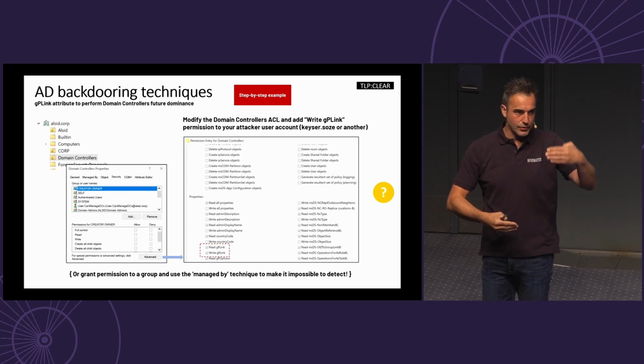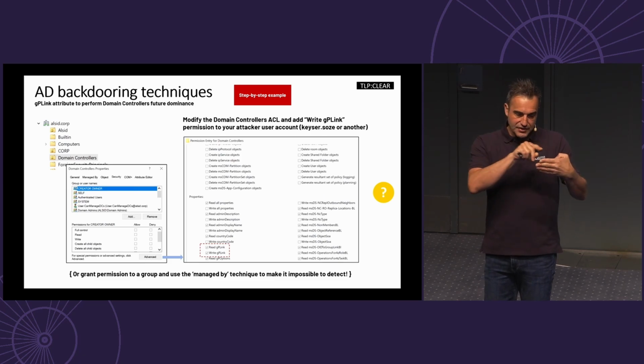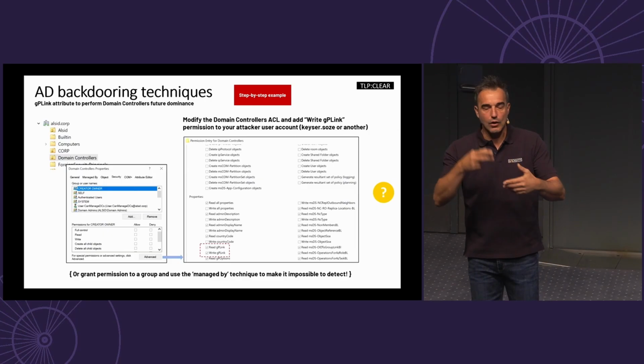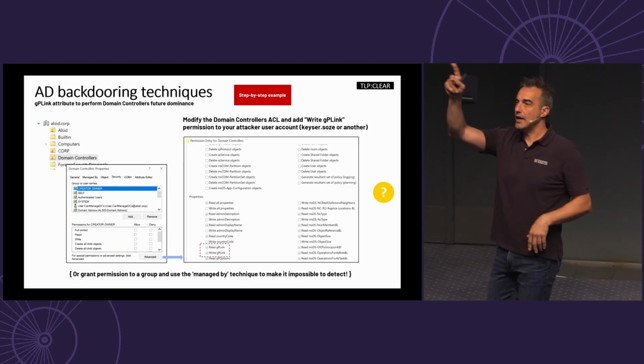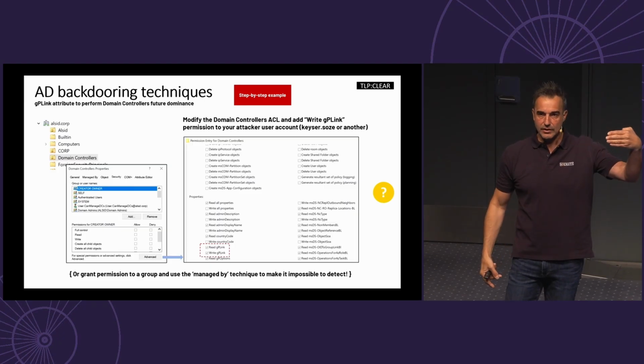On each OU, you have a gPLink attribute, and in this attribute, you name all the GPOs which are applied on this OU. When you are doing it using the GUI, you don't see that. You say, hey, I want to apply this GPO on this OU, but behind the scenes, you modify the value at the OU level.